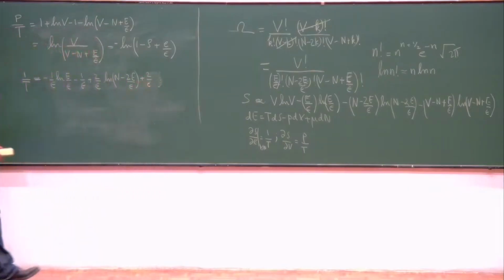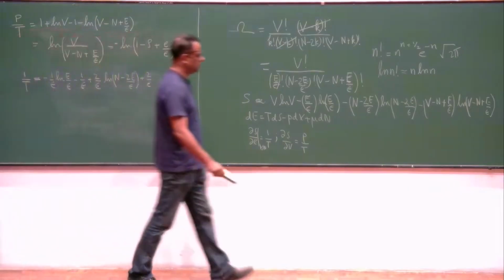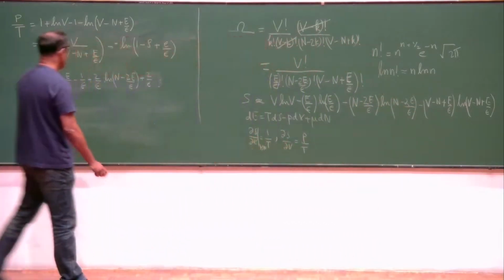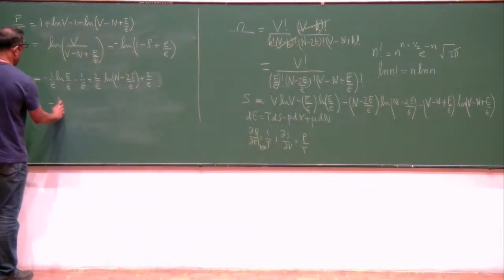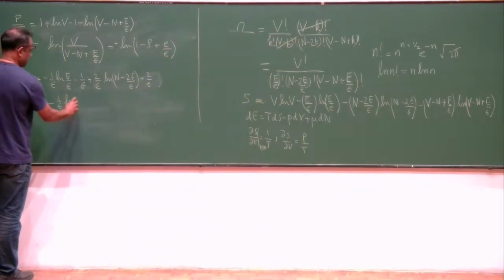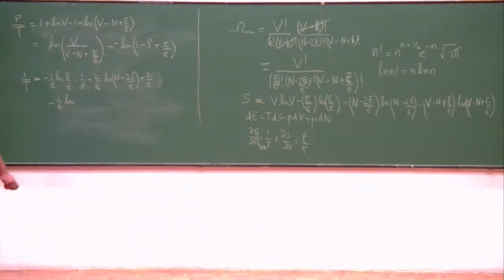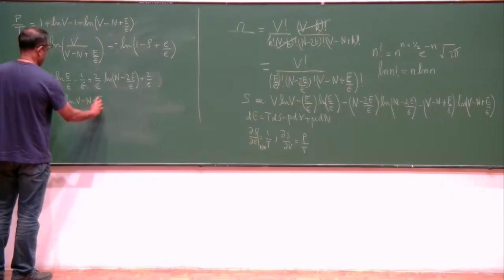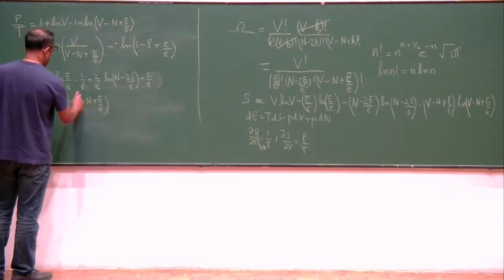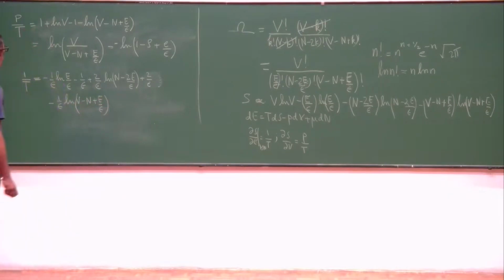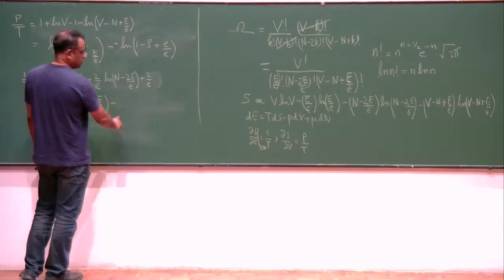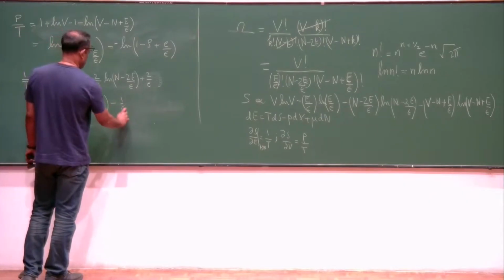Okay. And finally I have this one to differentiate. So I get minus 1 by epsilon log V minus N plus V by epsilon minus 1 by epsilon.